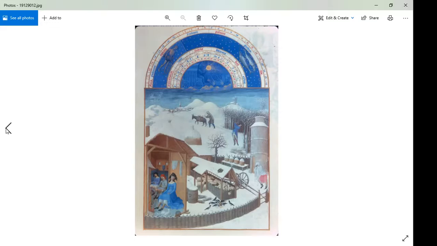For 1,000 years, no one seemed to want to paint winter landscapes. I guess they were too cold and busy, and their hands froze too much to paint winter landscapes, even from memory. So I'll say it again. This is the first known winter landscape in European art since the fall of Rome, for over 1,000 years.